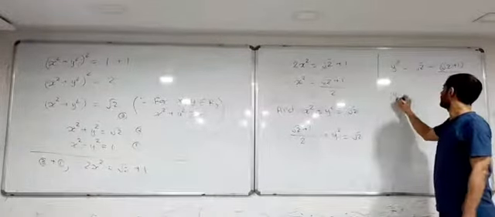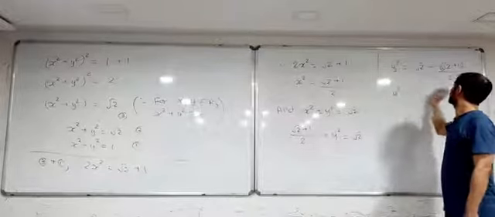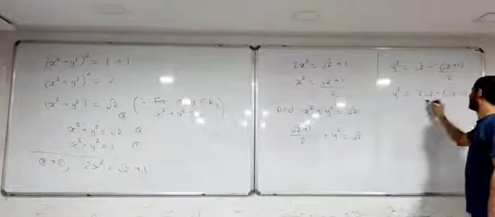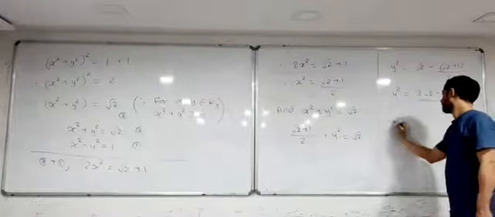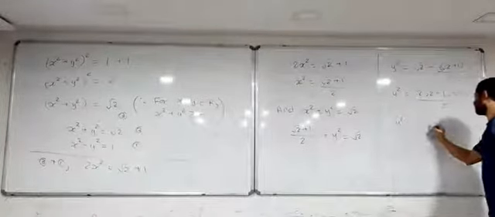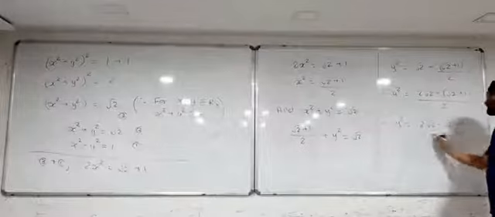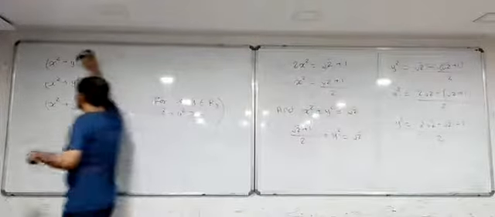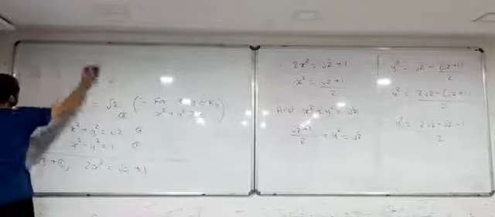Take the LCM. y square is equal to 2 root 2 minus root 2 plus 1 whole upon 2. So y square is 2 root 2 minus root 2 minus 1 upon 2. So y square you end up getting root 2 minus 1 upon 2.